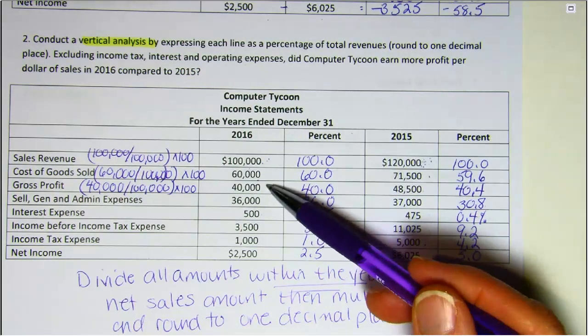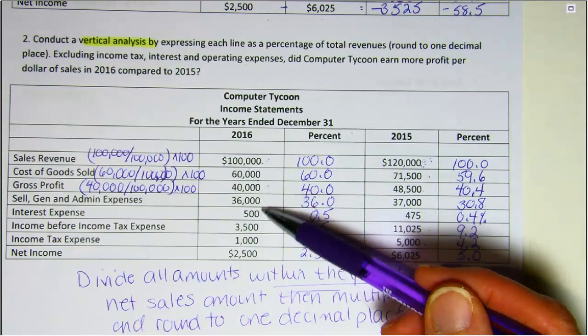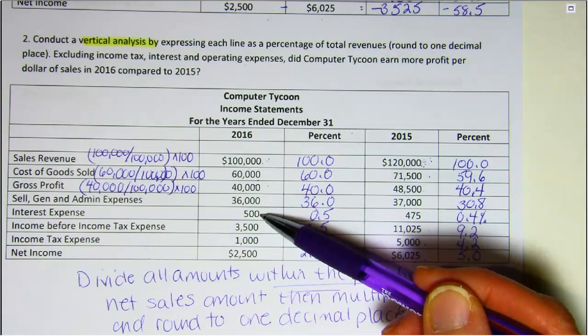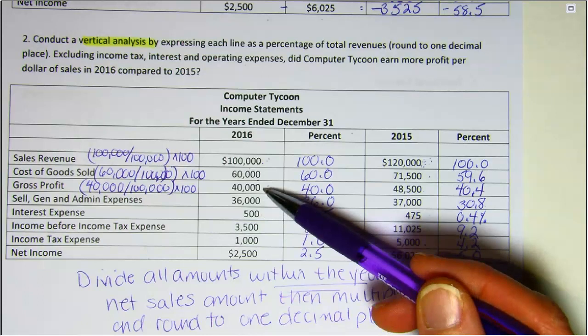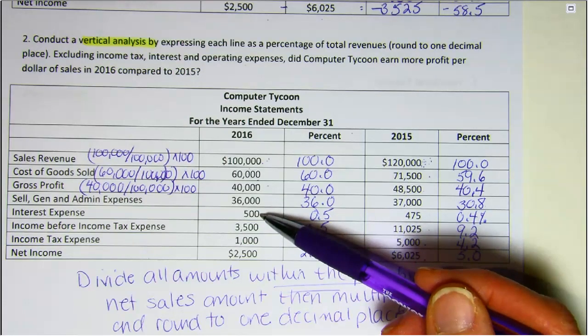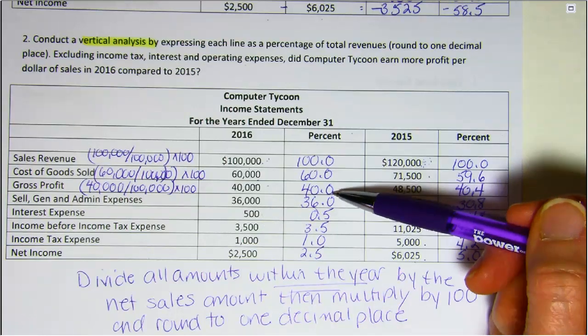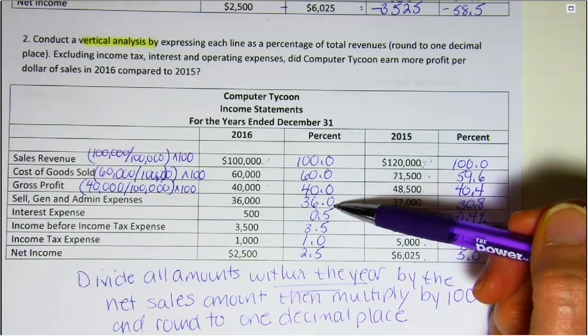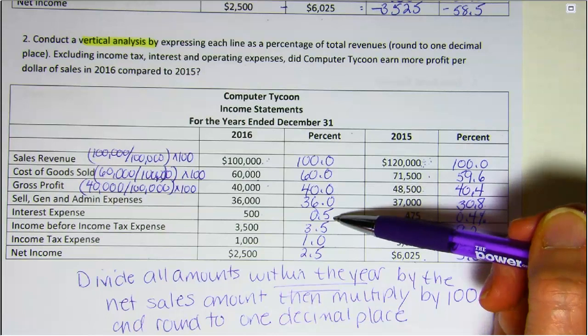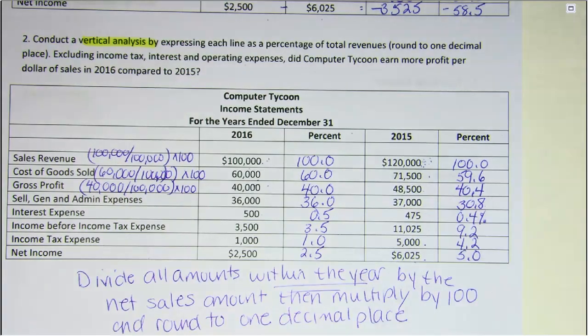And then if we take gross profit and subtract the two expenses, 40,000 minus 36,500, we get 3,500, just the way 40% minus 36.0 minus 0.5 is 3.5. So the math has to work out with both balance sheets and income statements.